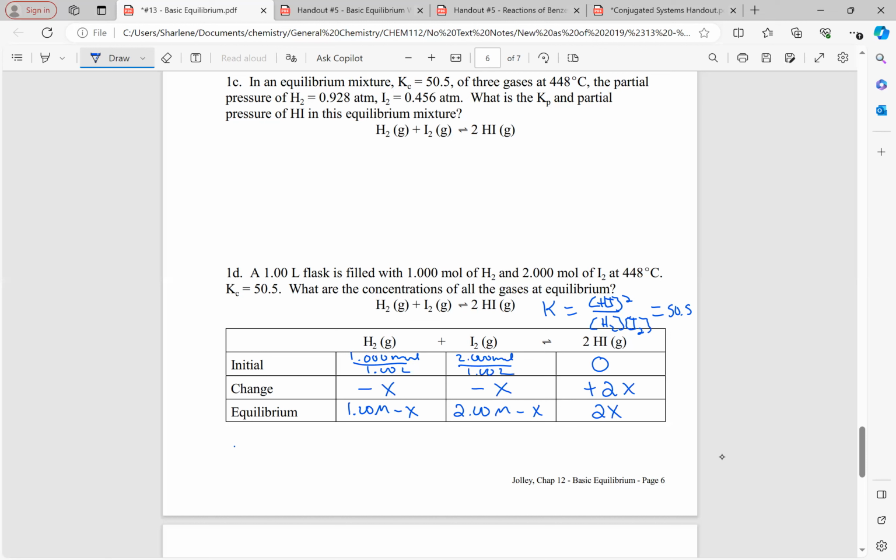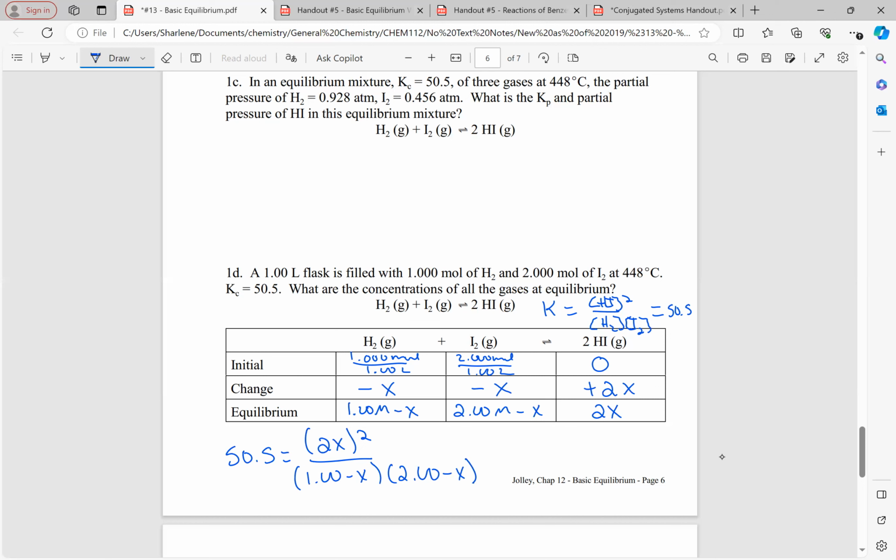So 50.5 is equal to 2x squared all over 1.00 minus x times 2.00 minus x. Oh, that's looking like some crazy math. The reason for this problem is to show you the crazy math so that when I do some assumptions later on, you'll go, yes, thank you, thank you, thank you.